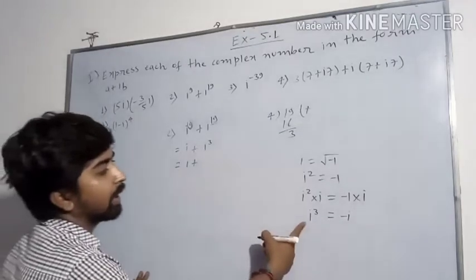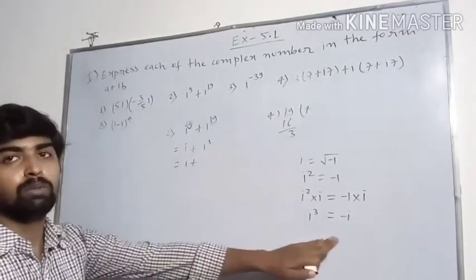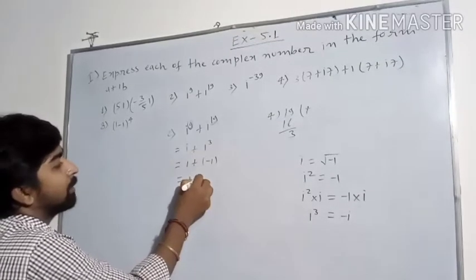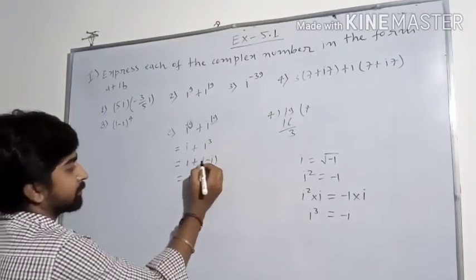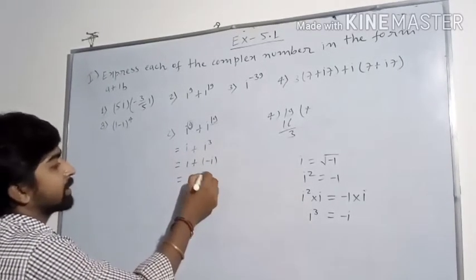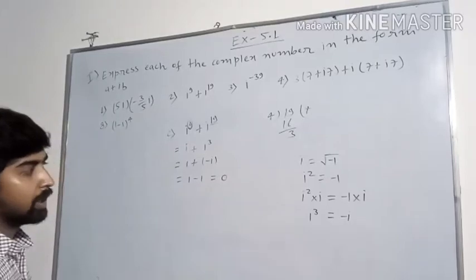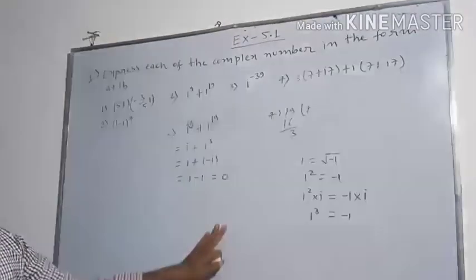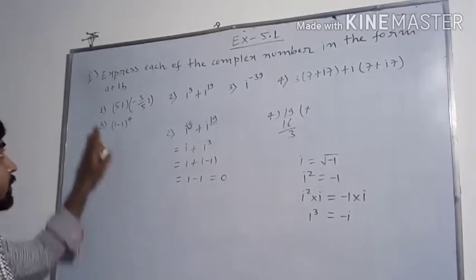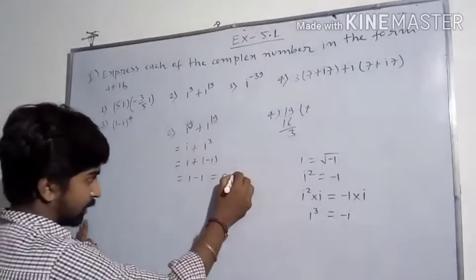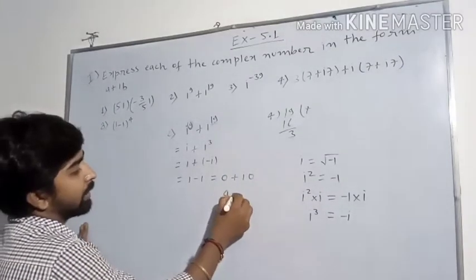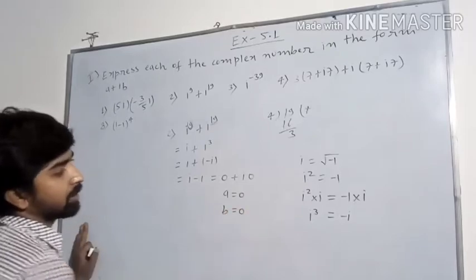So we can write i cube equals minus i, or i plus minus i equals i minus i equals 0. Here real part is 0 and imaginary part is also 0, but we can express 0 in the form a plus ib as 0 plus i0. Here a is 0 and b is also 0.